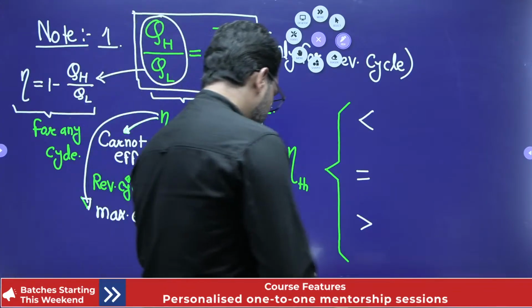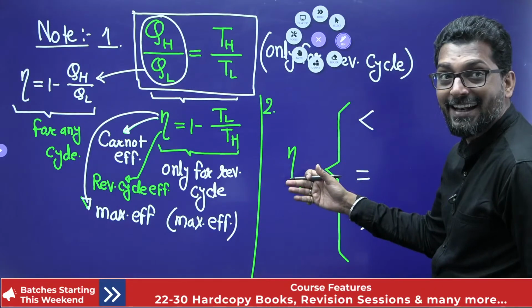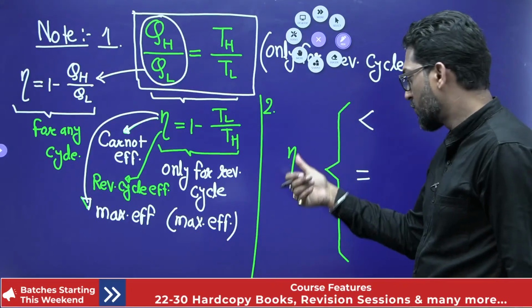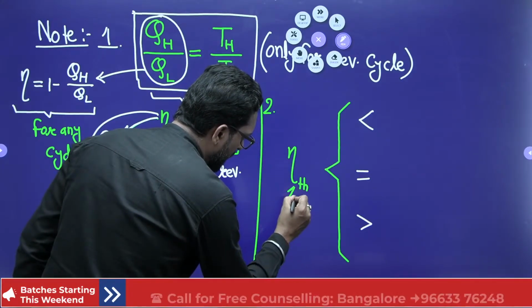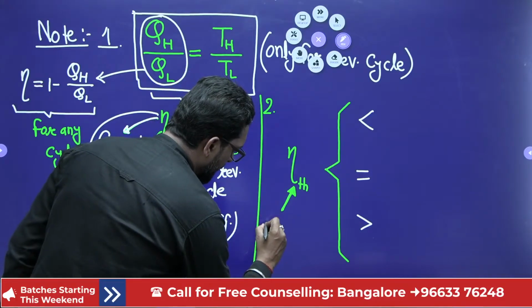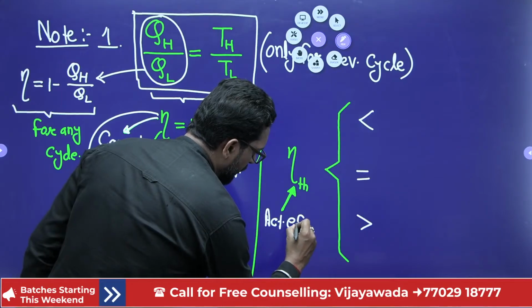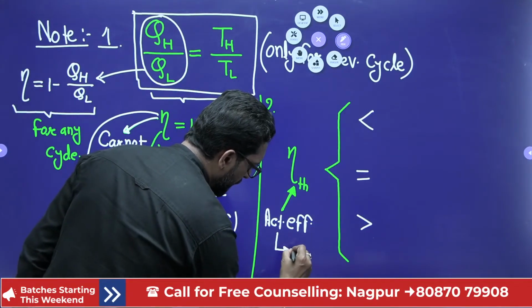Let's suppose this thermal efficiency is the actual efficiency, which is for an irreversible cycle.